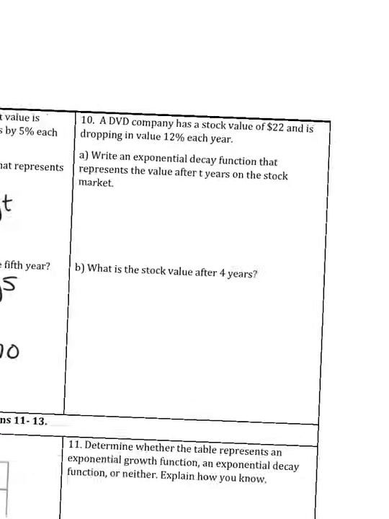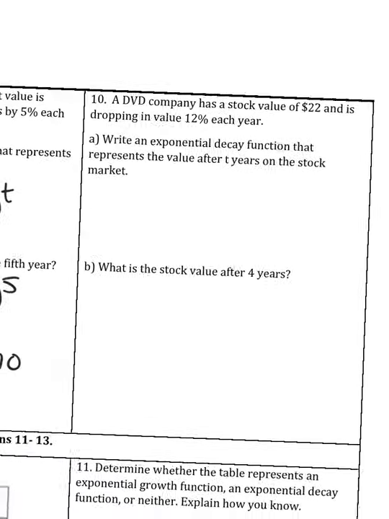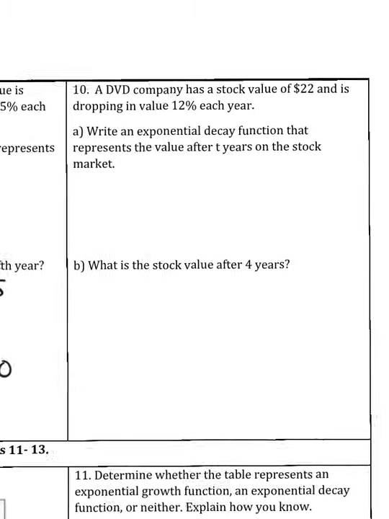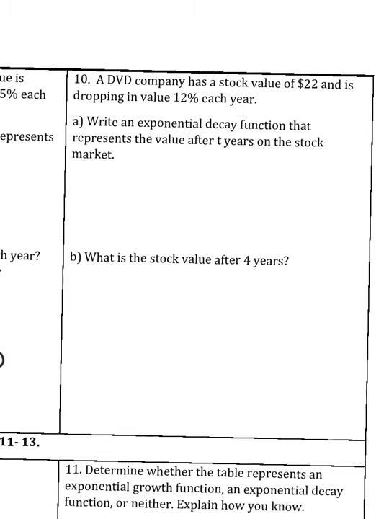Question 10. A DVD company has a stock value of $22 and is dropping in value 12% each year. Write an exponential decay function that represents the value after t years on the stock market. Okay, so remember, exponential decay functions look like this.